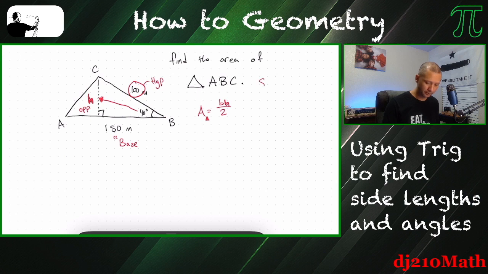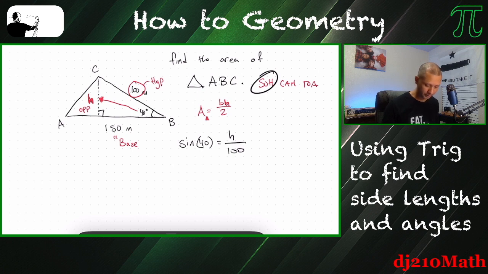So if we think SOHCAHTOA, the one that's useful, opposite over hypotenuse, is sine. So sine of 40 degrees is equal to the height of the altitude over the hypotenuse, in this case, 100.